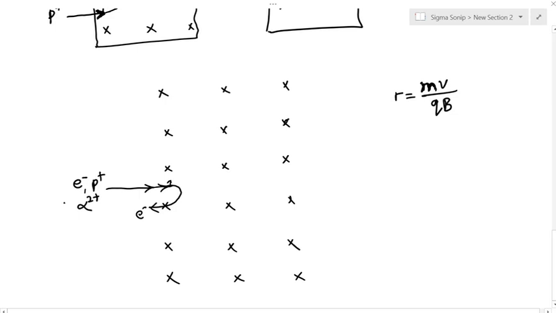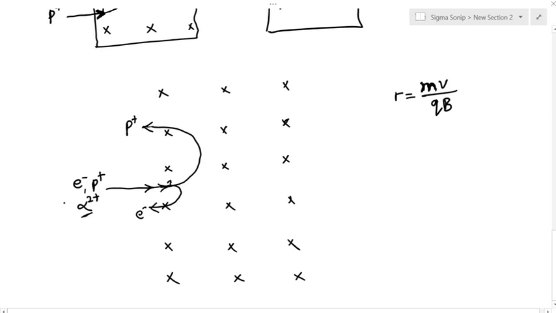Next we consider the proton, which is 2000 times heavier than the electron, and the charge is the same. So the proton's radius will be much bigger than the electron's, but we don't have more room here, so we'll just draw it like this. That is my proton. And what about the alpha particle?